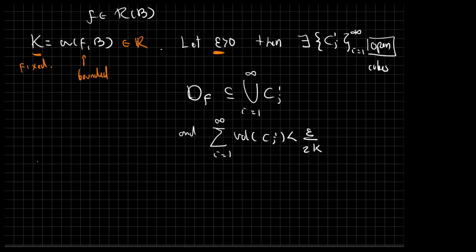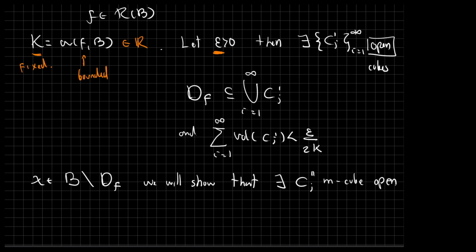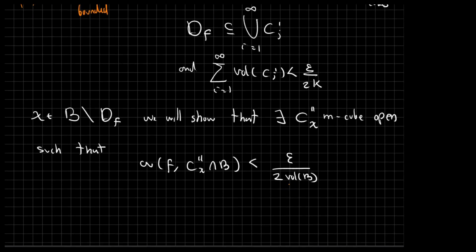So now take a point x in its domain where f is continuous, i.e. in its domain minus the set D f, the set of discontinuities, and then we will show that there exists some open n-cube such that the oscillation of f in the intersection of this cube with the domain, well, let's say x, is less than epsilon divided by 2 times the volume of P. So this is the volume of the domain, which is given.